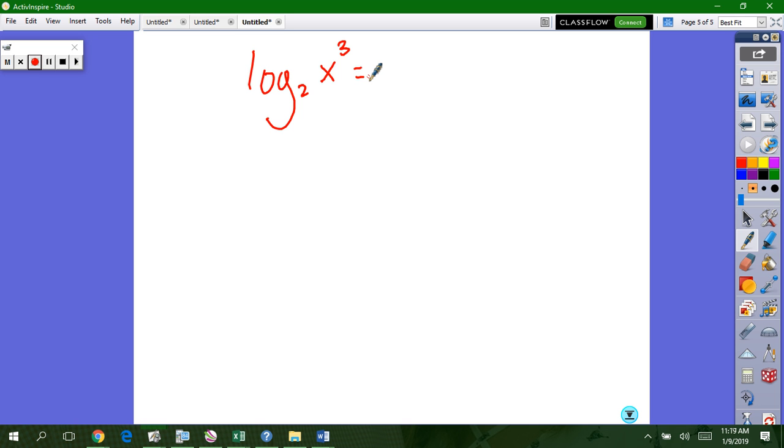Just using that formula that I just showed you, what would that be? Let me show you a better clarification. Some of you guys maybe didn't agree with this one so much. What's another way to write x cubed? x times x times x.